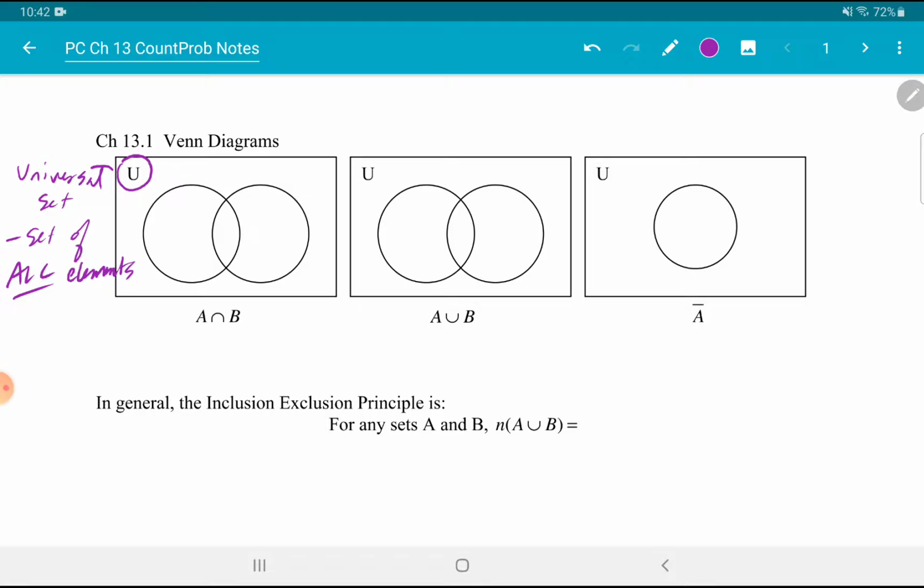So if we have two different things contained within a universal set, maybe A and B, maybe the things that we're looking at are the people who have CDs versus the people who have MP3s, right? Maybe A is the people who have CDs, B is the people who have MP3s. Maybe people don't even have these types of music to begin with, so they'd be included outside of the circle, but they're still within the universal set.